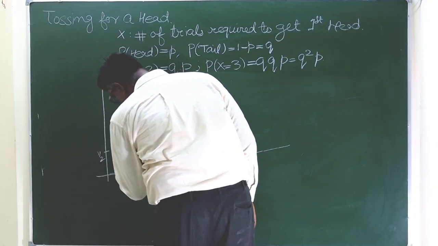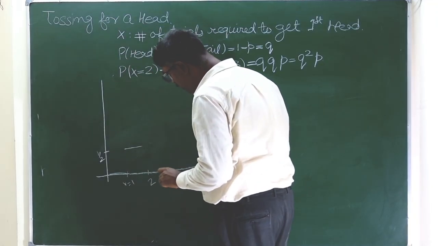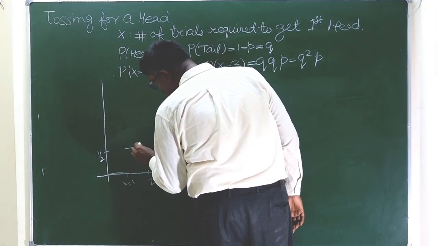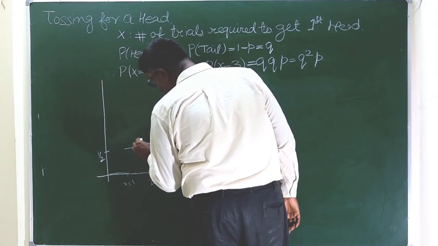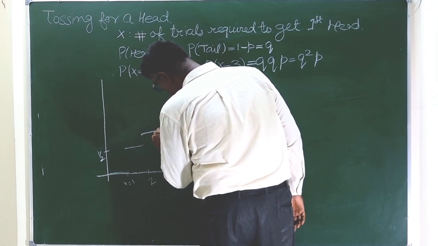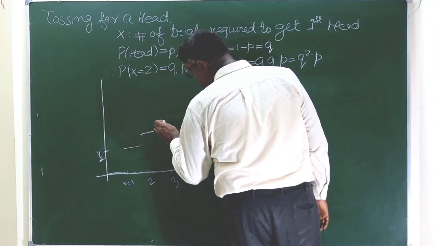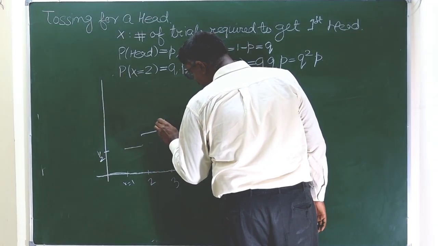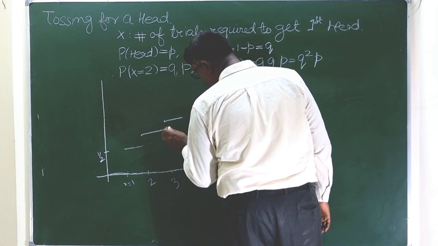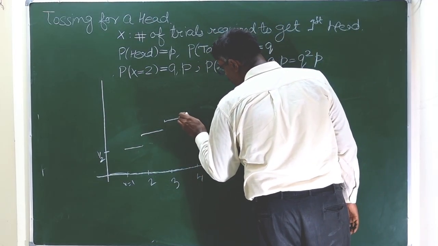So F(x) will jump to this place and will continue till 2, and at 2 it will be 3 by 4. For x equal to 3, it will be 7 by 8, and at x equal to 4, it will be 15 by 16.